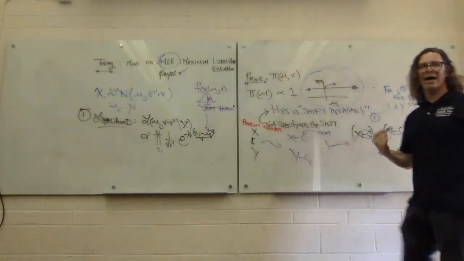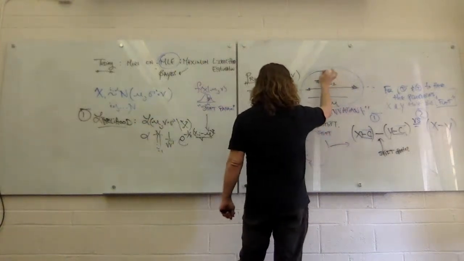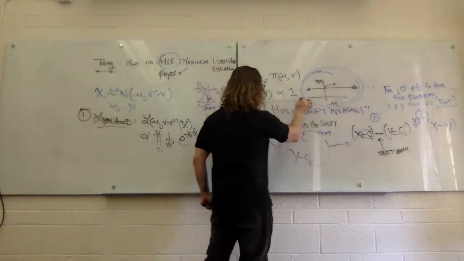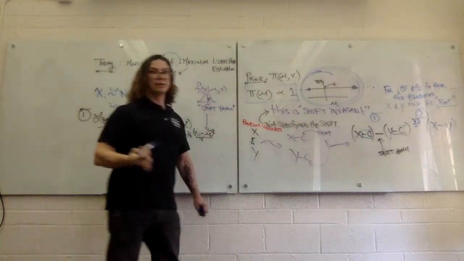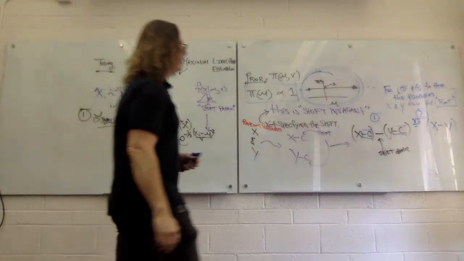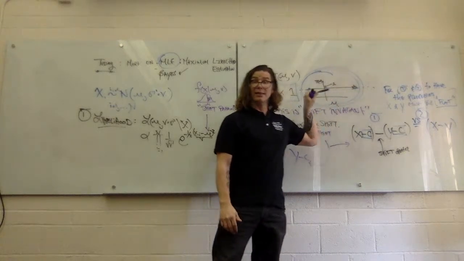That might not seem mathematical to you when I say the word flat. Here's what it means graphically. Here's what I mean notationally. So that's shift invariant. Basically, this distribution, if I slide it back and forth, I can't tell.